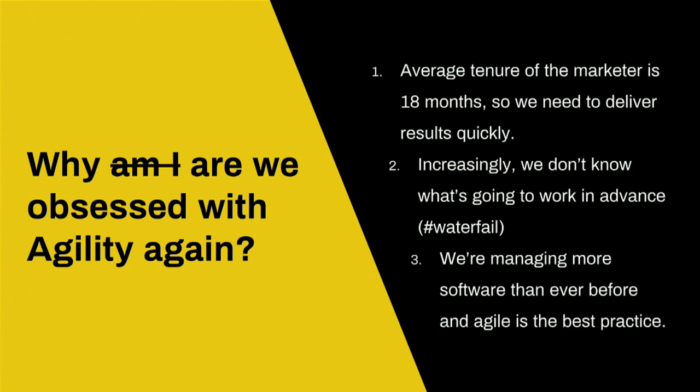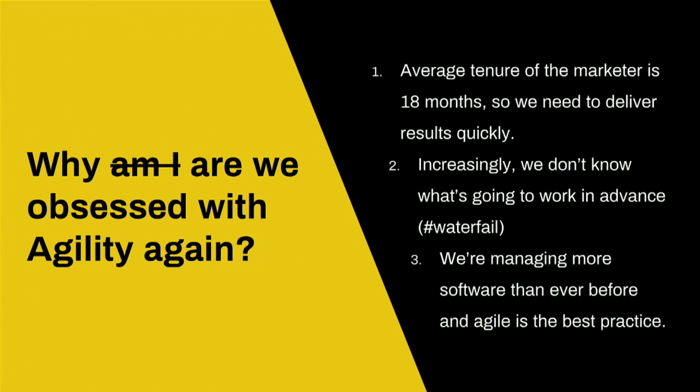So let's start by talking about why marketers are so obsessed with Agile marketing, or with Agile. One thing is that the average tenure of a CMO is 18 months and dropping, right? So we need to find ways of putting points on the board really quickly. Agile is a mechanism to do that.